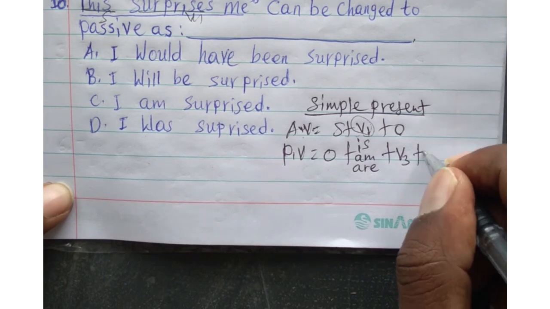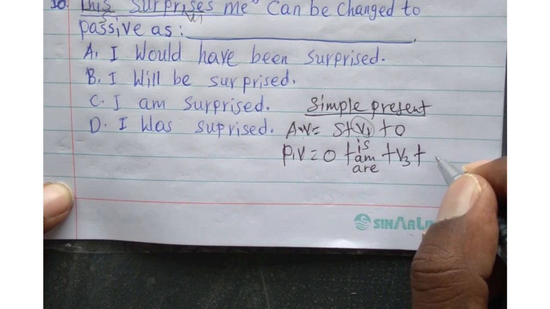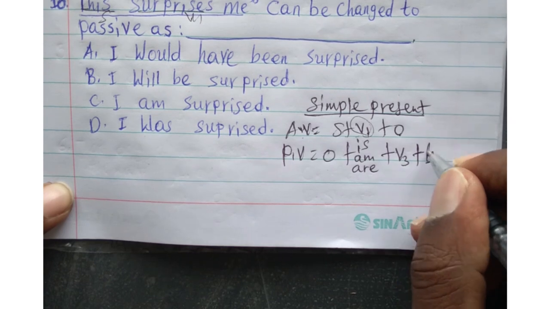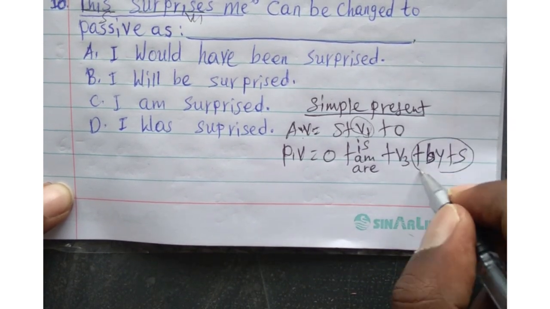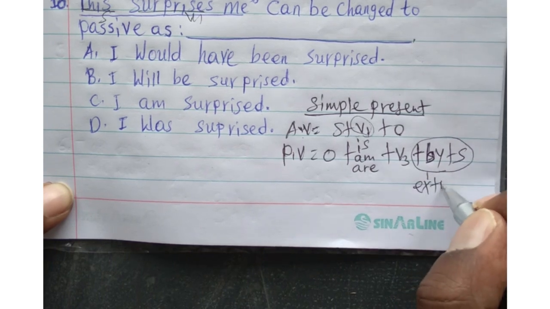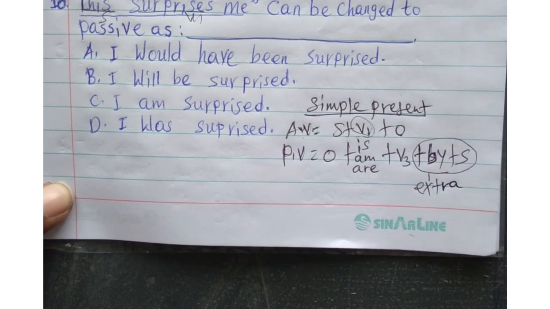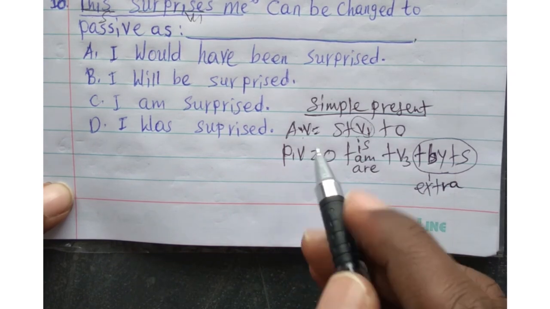And then the doer of the action will be followed: by plus subject. So this one is extra information. If you want, you can leave it or you can add it.